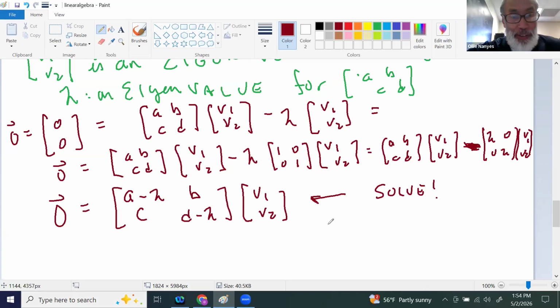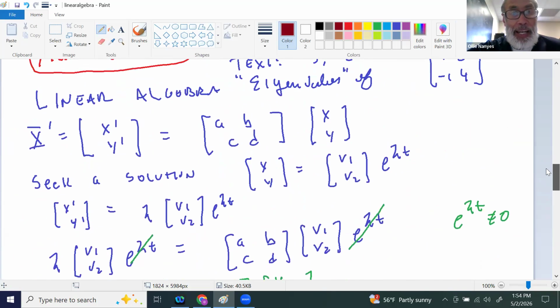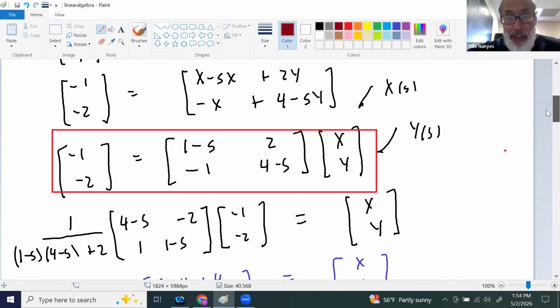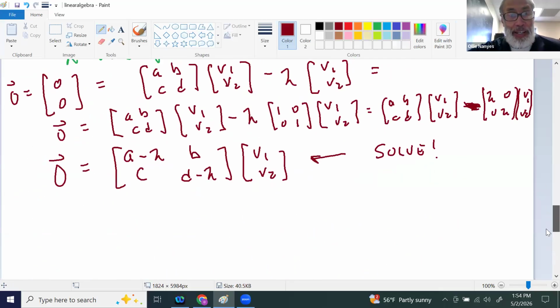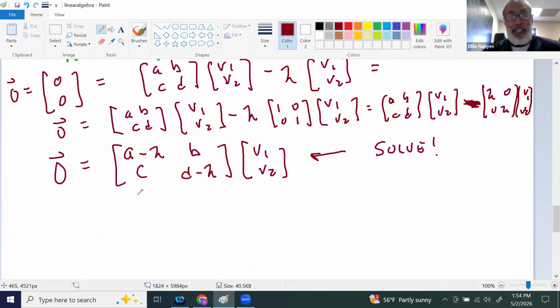Now, I want you to take a look at this matrix right here and compare it to this one. The difference between this matrix and this matrix is that we've replaced lambda by S. That's really it.